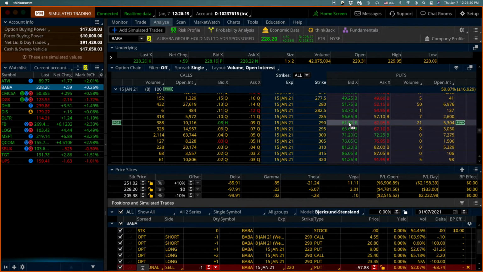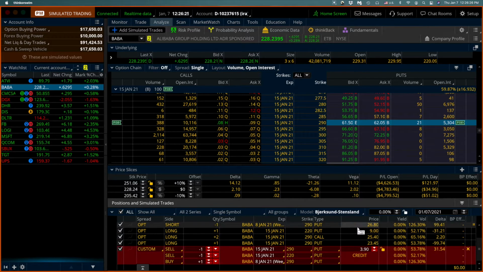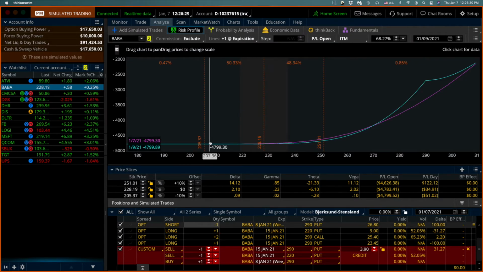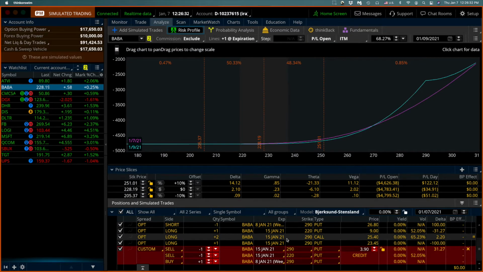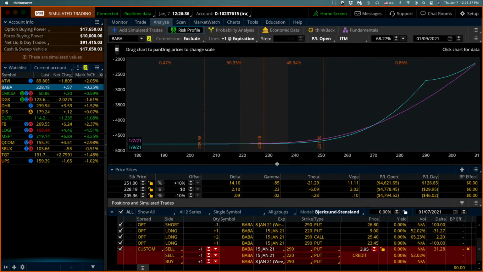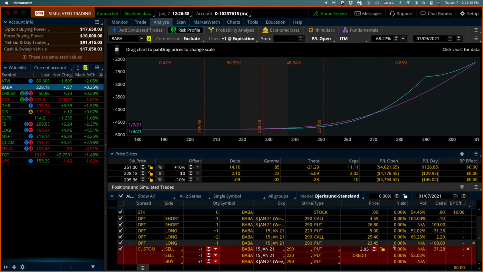So we're going to close by just control and clicking once on the bid. And there it is. That closes my position. Okay, and then what I have left is 2 calls, January expiration. No big deal. You could even keep those, but let's close this.